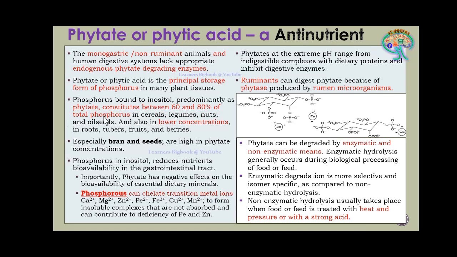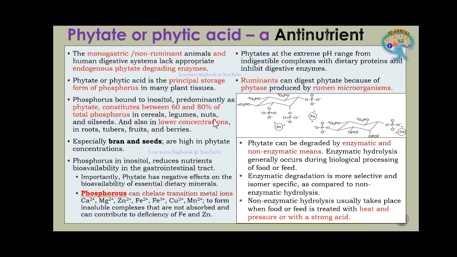So whatever sample you are taking, if you take 100 grams and identify some amount of phosphorus, 60 to 80% of the total phosphorus in that sample is from the inositol bound phosphorus.